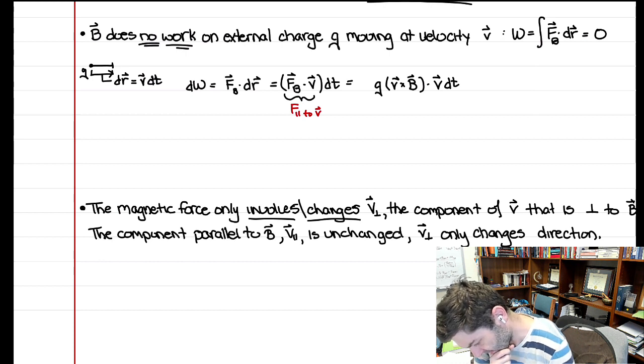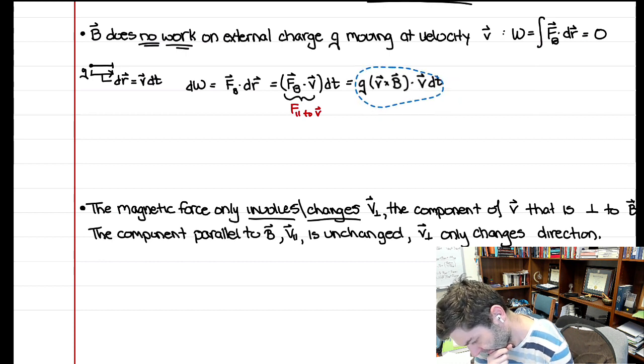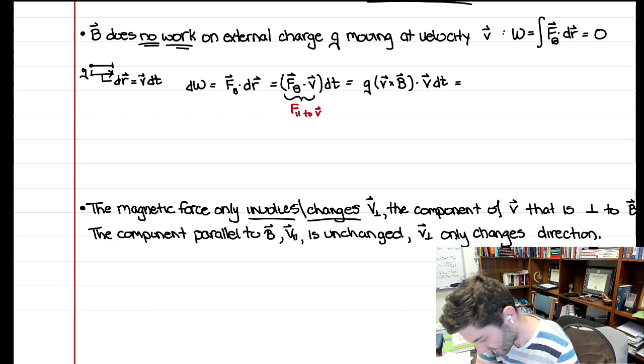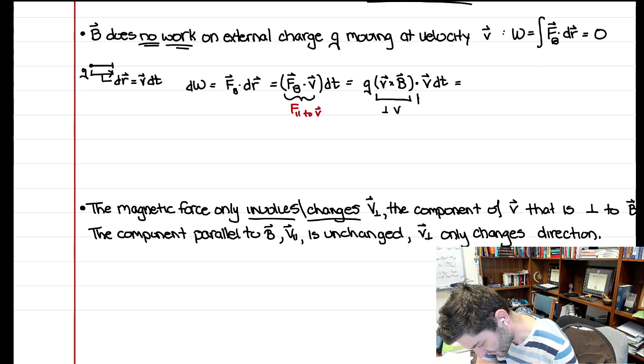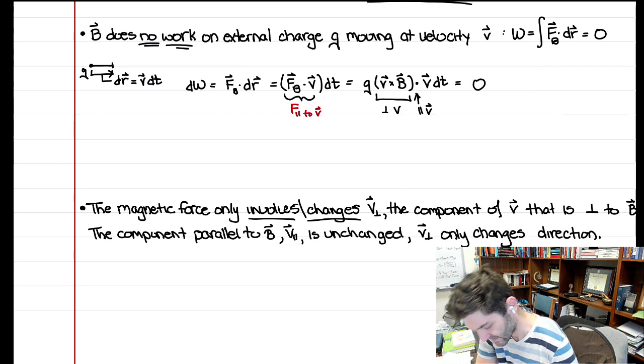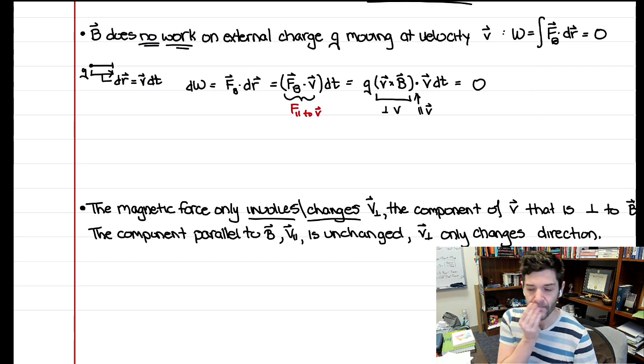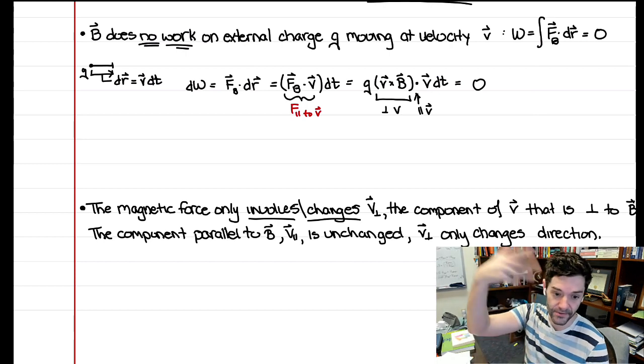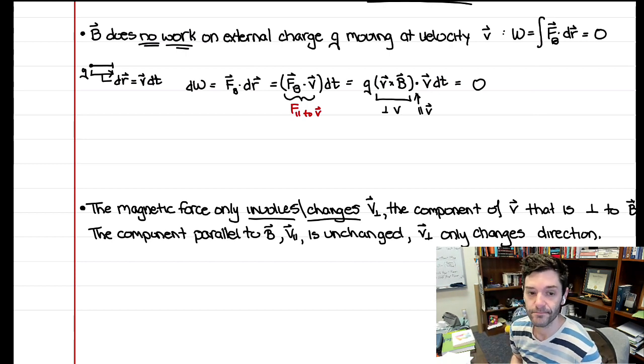So in this case, we can look at this and ask, just by the nature of the dot product, if v cross B we know is perpendicular to v, and the dot product says give me the component that is parallel to v, well then of course this has to be 0. Doesn't matter what dt is or q is, or really the direction of B, or the magnitude.